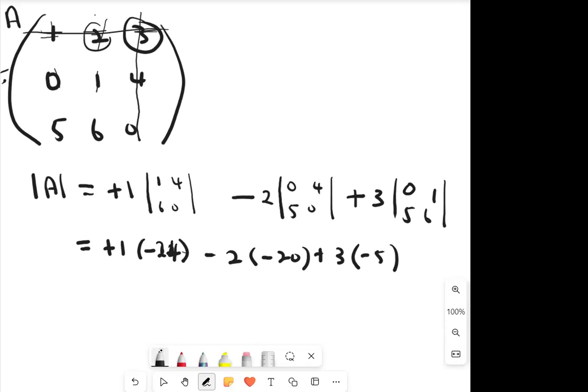So let's see what we'll get here. Here we'll get minus 24. What will this be? This will be positive 40. And this will be minus 15. What do we get here when we add those in?